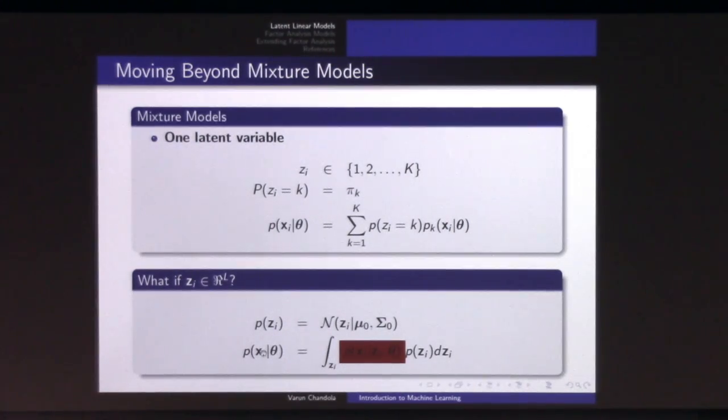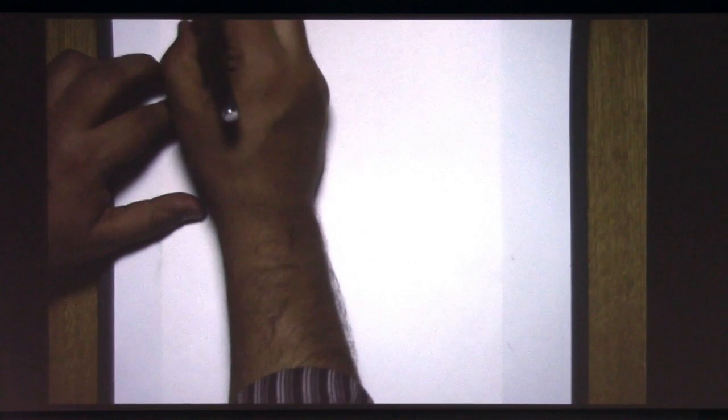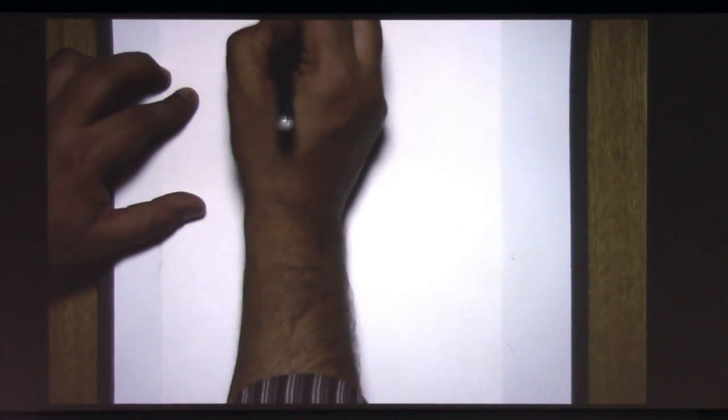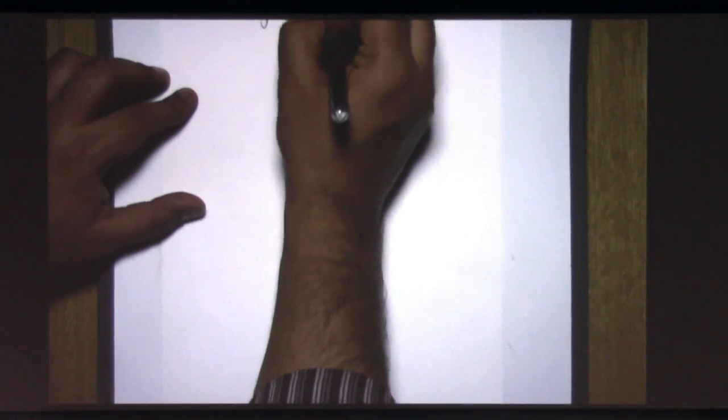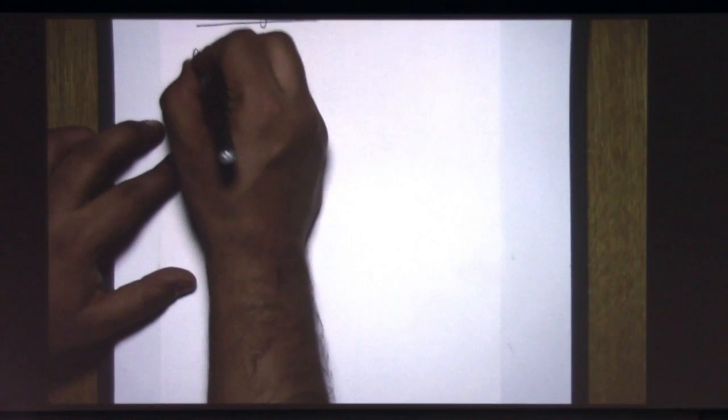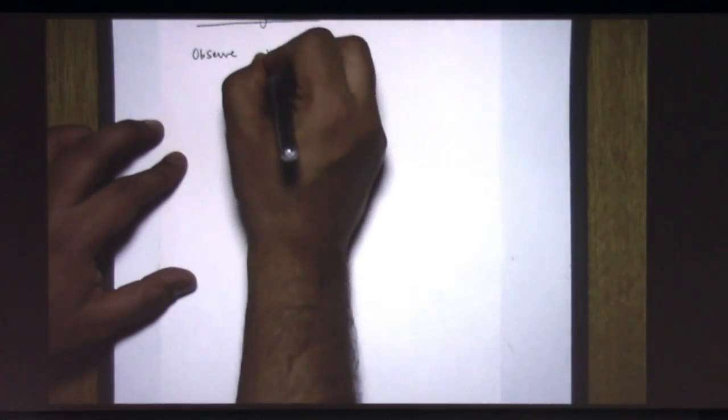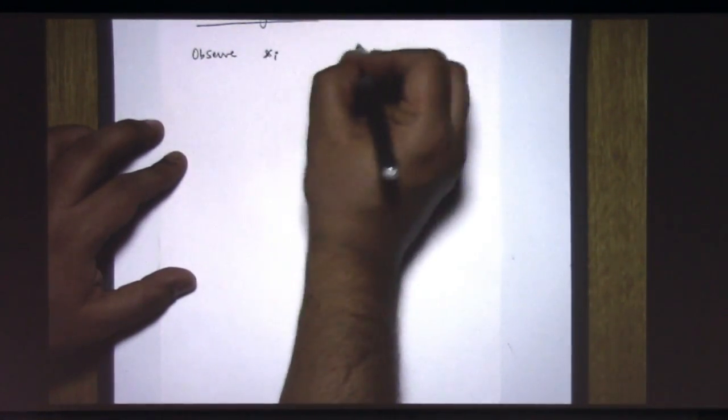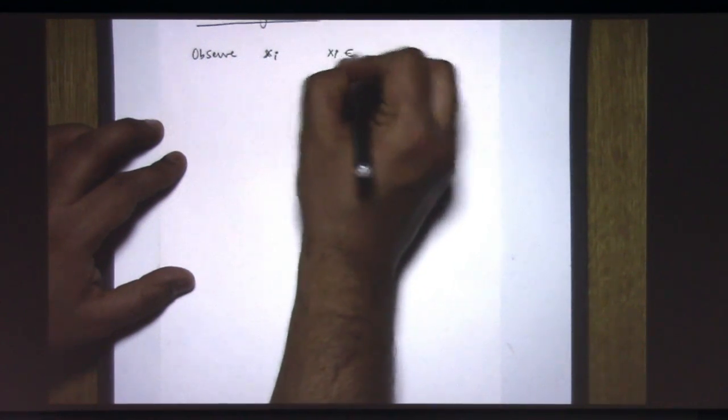So think of it like this, right? The way to interpret a factor analysis model is that we observe some xi, and let us assume that all xi's belong to R2.